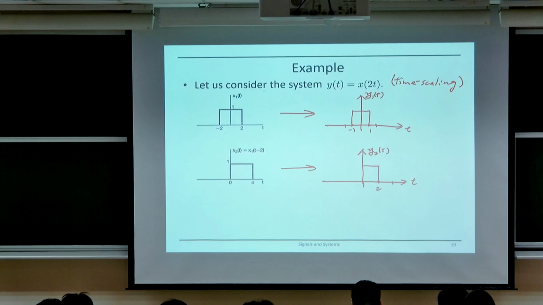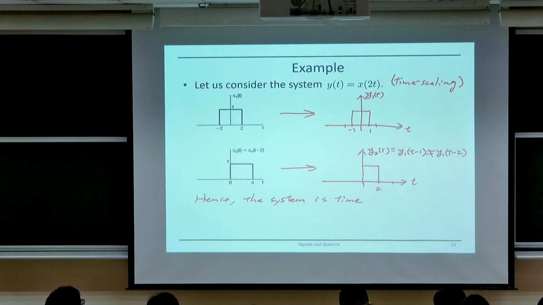So this is equal to y1 shifted by 1 time unit, which is not equal to y1 shifted by 2 time units. Hence the system is time varying.